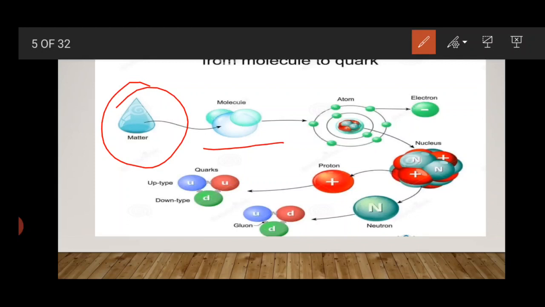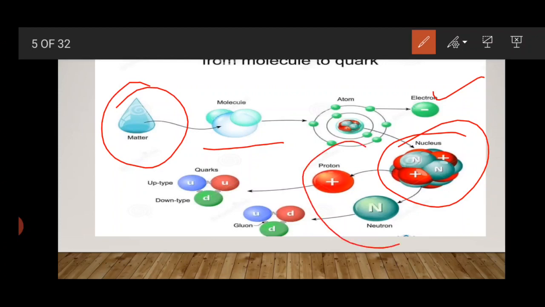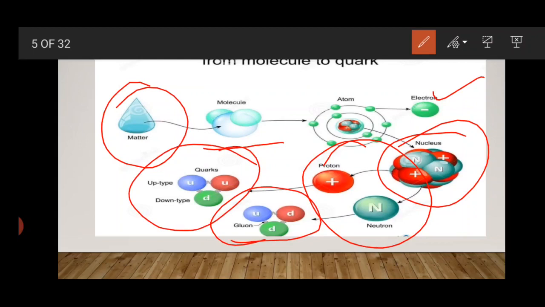Now let's just start with the atom. Look at this figure. Here we will come to know how molecule to quark get formed. Here it is written matter. Matter is made up of molecules and molecules are made up of atoms. Atoms are also made up of nucleons, that is protons and neutrons, and around the nucleus a negatively charged particle is there, that is the electron.